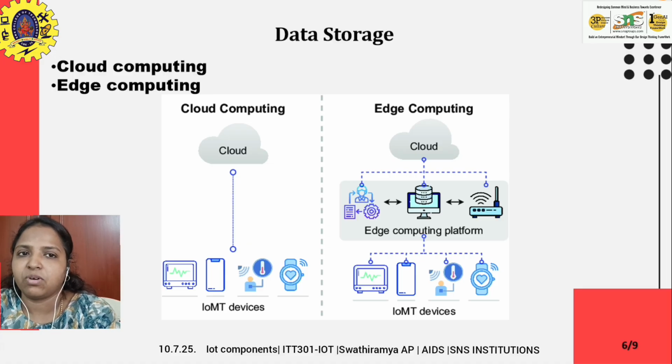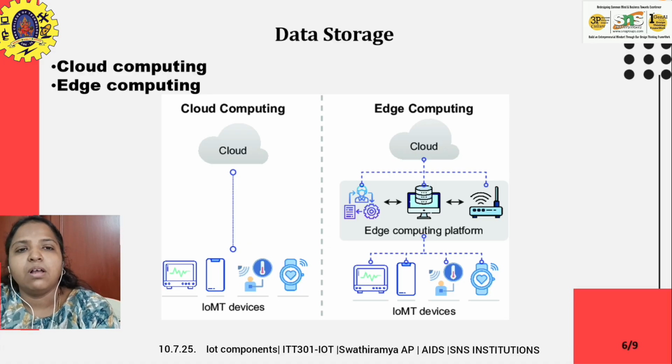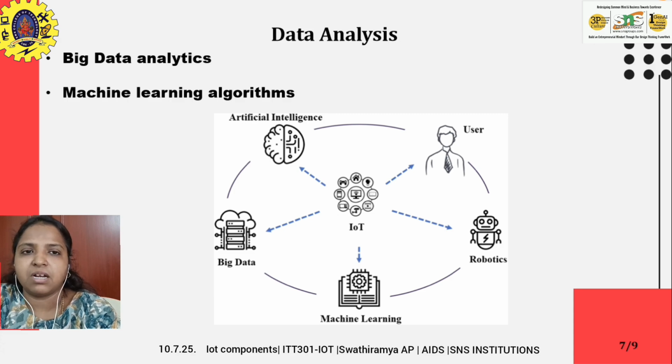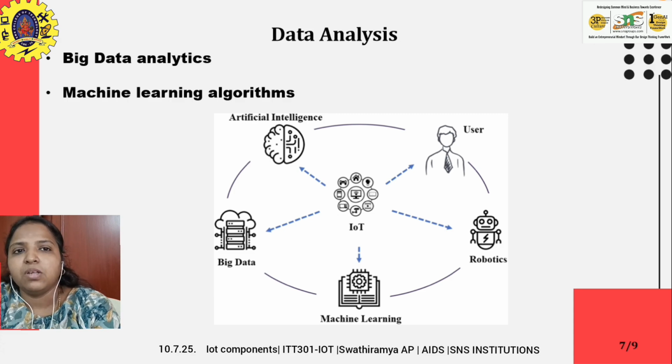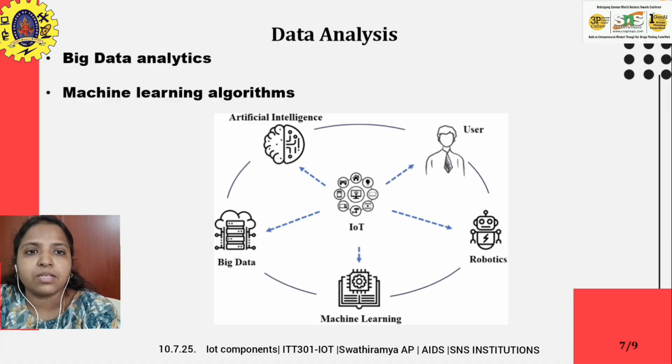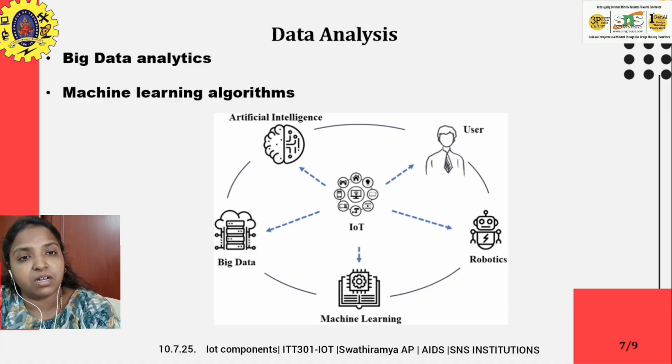You collected the data, you transferred it with the help of network connectivity, and you processed it with either edge computing or cloud computing. Then what will you do with this data? You collected it, you processed it, and you have already received the output. So the next thing, obviously, is data analytics. For this, you can use big data analytics and machine learning algorithms. Generally, IoT generates a large amount of data. For example, take a surveillance camera fitted in some place. It has to capture video 24 by 7, so we have a large amount of data.